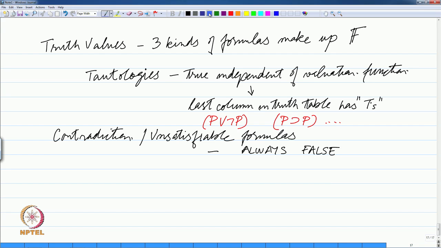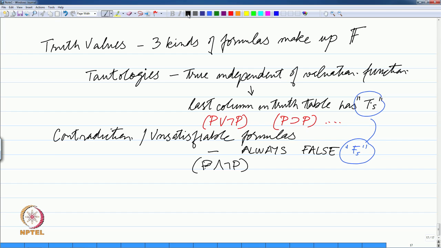So, when you look at this statement here, for this one it will be all F's, as opposed to all T's in tautologies. In unsatisfiable formulas, they are always false, irrespective of what valuation you choose for the constituent atomic sentences, that formula will always be false. And again you are familiar with formulas like this, P and not P is a classical example of a contradiction essentially.